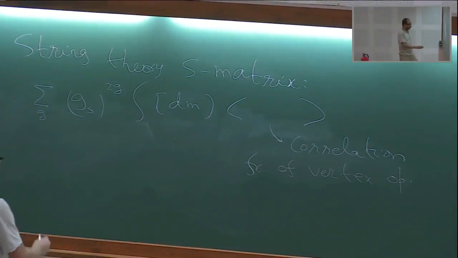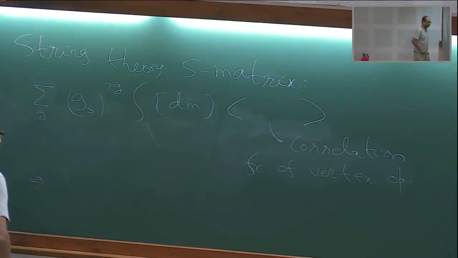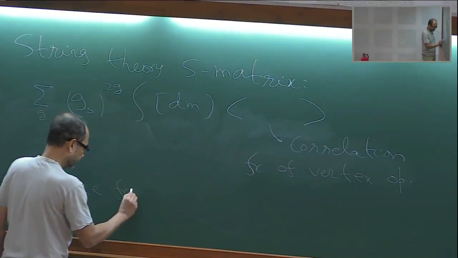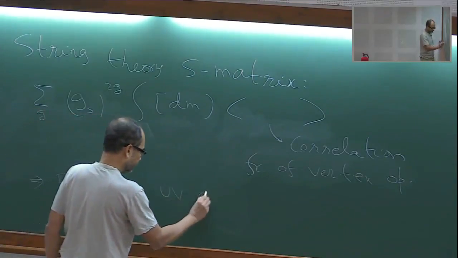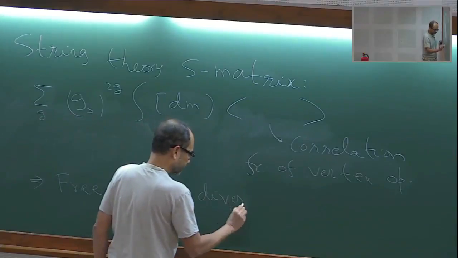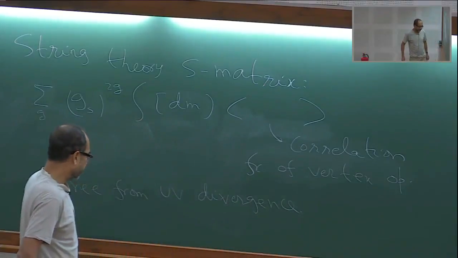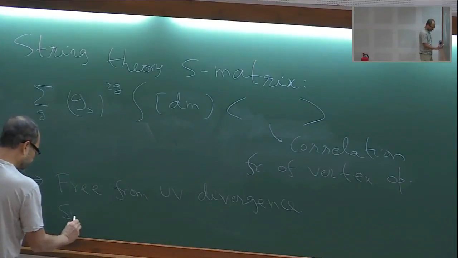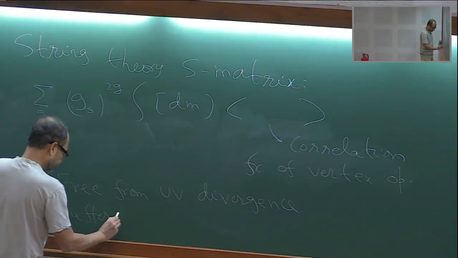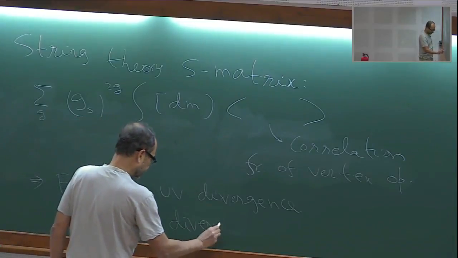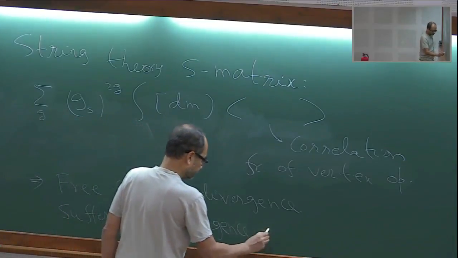It's known that this expression that we have for string S matrix elements is free from ultraviolet divergence. But at the same time, it suffers from IR divergence, as in QFT.